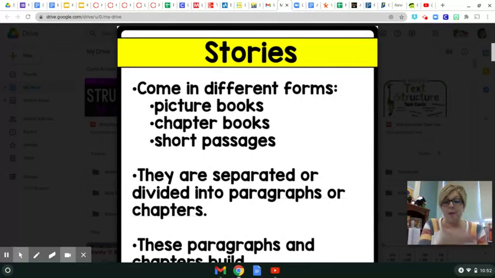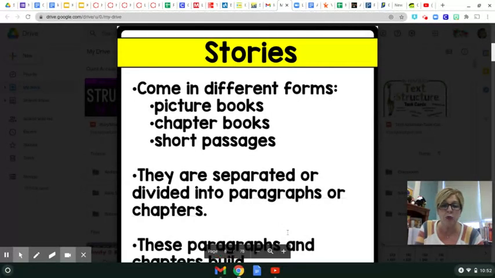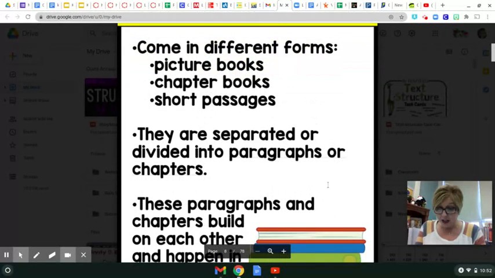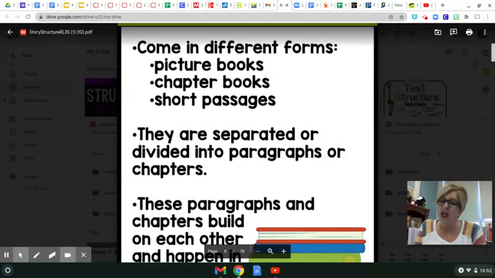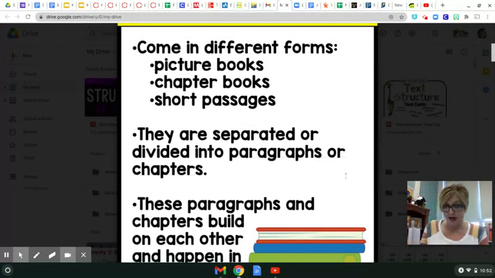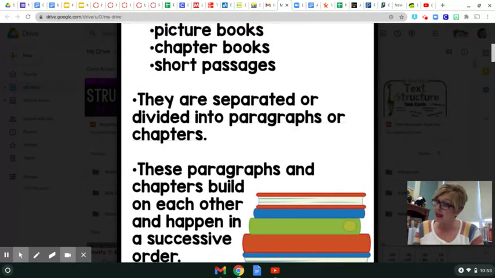Each chapter builds on each other. Same thing in a picture book. If we have a picture book, it doesn't necessarily have chapters, but it does have a story, maybe paragraphs, and each paragraph builds to introduce the next one. We don't want to read a story out of order. It wouldn't make sense. It wouldn't follow that story pattern that we've mentioned with beginning, middle, and end.